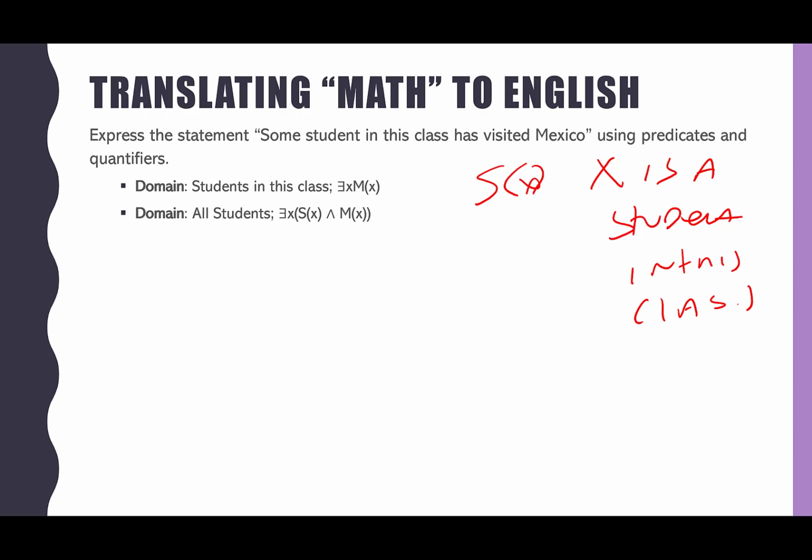Okay? M(x) is still x has visited Mexico. So the next thing we're saying now is there exists some student in the domain of all students such that that student is a student of this class and they visited Mexico. Which is, again, some student visited Mexico, right?